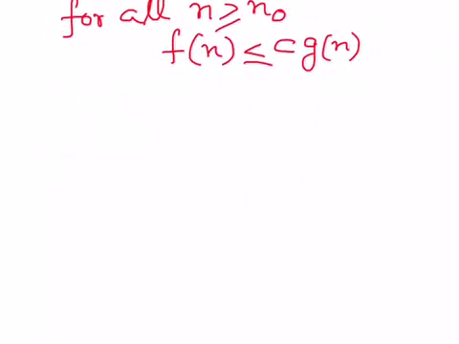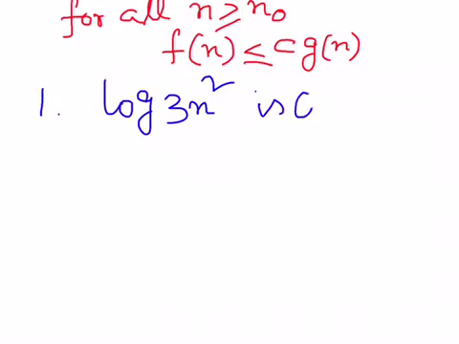The first problem we'll solve is to show that log of 3n square is order of log n. While solving problems like this, we'll either show the statement holds or show there is a contradiction.